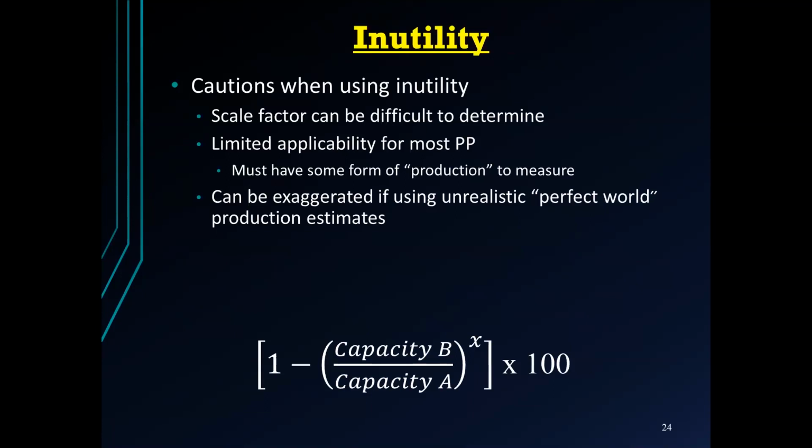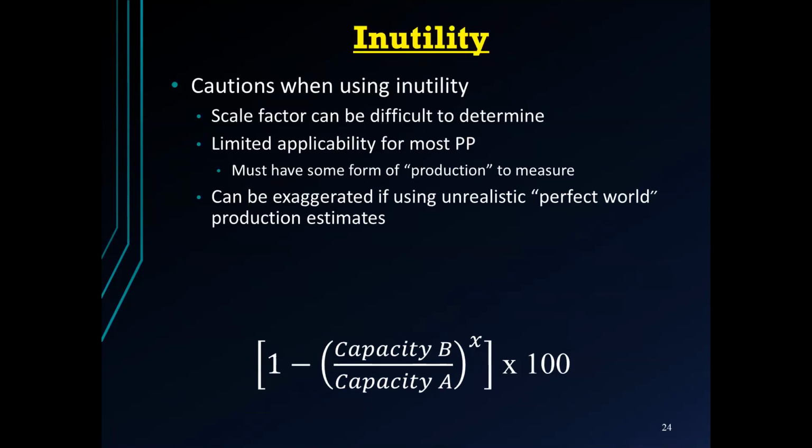It's mostly used in manufacturing because with manufacturing, you can estimate output and you can do those things. But with your general personal property, retail, restaurants, hospitals, whatever kind of personal property you're talking about, inutility is just not relevant. So it's very, very good for certain applications, but it's just not applicable in others.